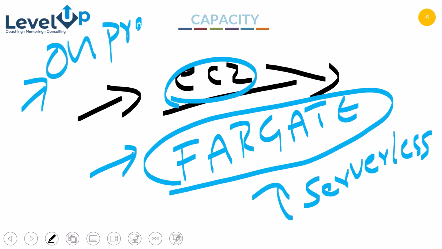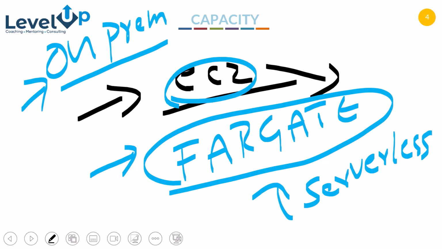Let's say I'm managing my own data center. I have my own servers on premises, but I still want to use ECS. Can we use that? Yes, we can. With the help of ECS, we can launch the containers on the servers on our premises.